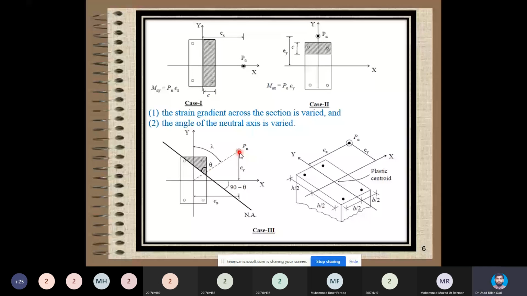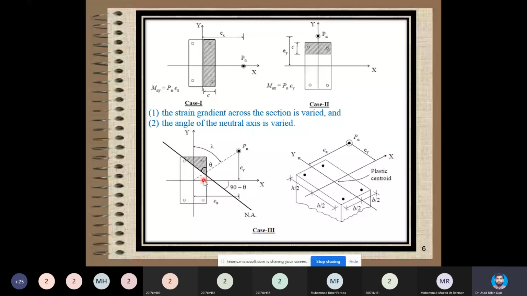So the neutral axis will not always be normal to your load line, unlike case 1 and case 2, where we said the neutral axis is parallel to the edge and incidentally was perpendicular to your load line. Here this will not be the case.